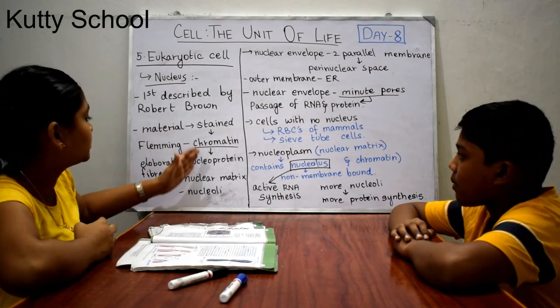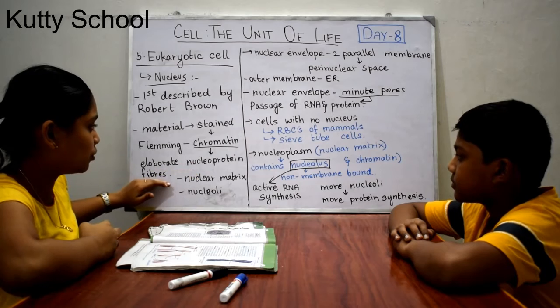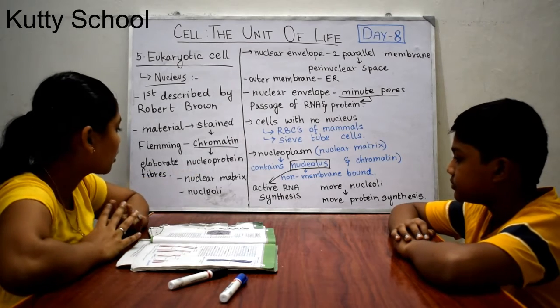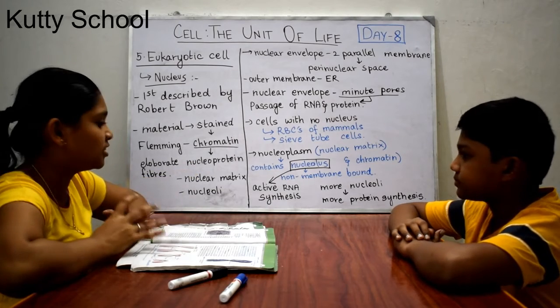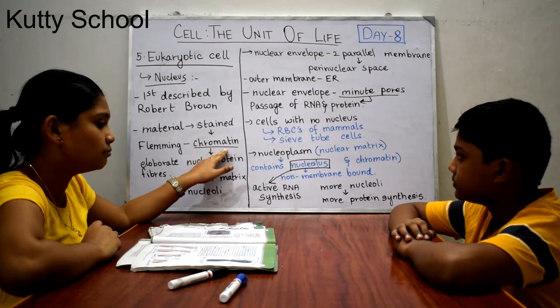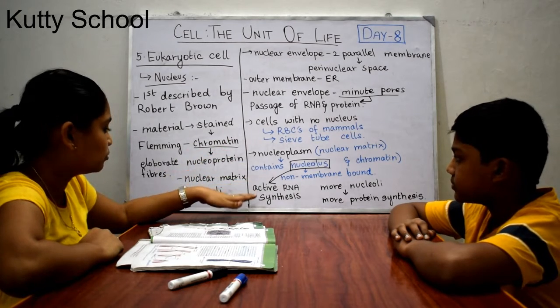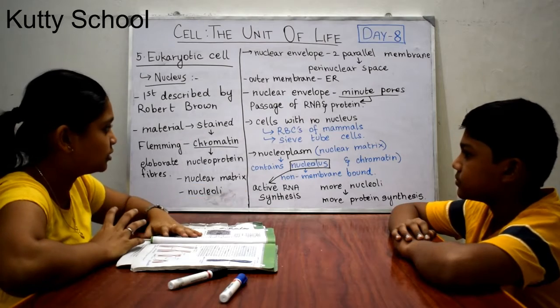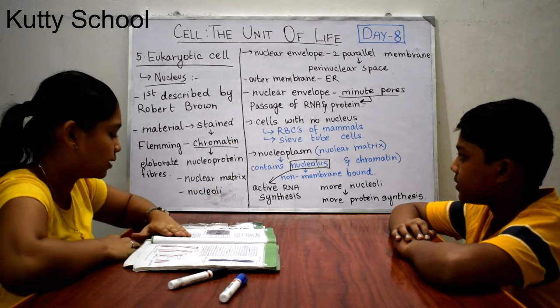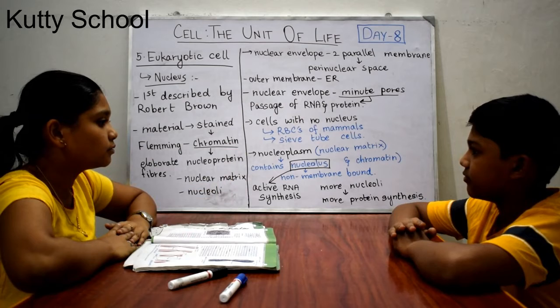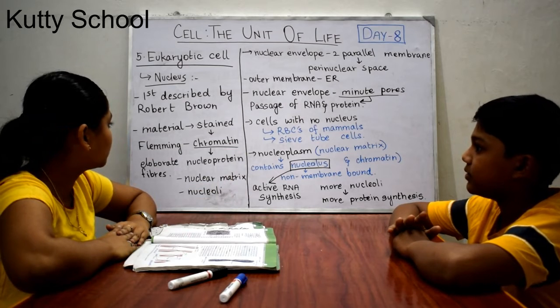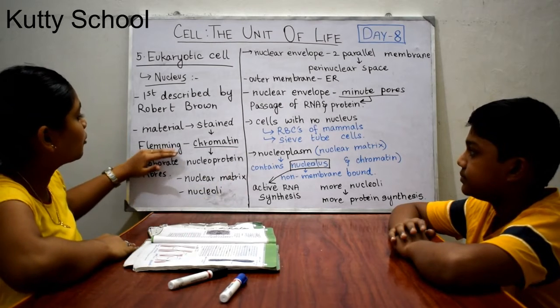Chromatin is nothing but elaborate nucleoprotein fibers. Generally present in the nucleus are chromatin, nuclear matrix, and nucleoli. Fleming discovered only chromatin.